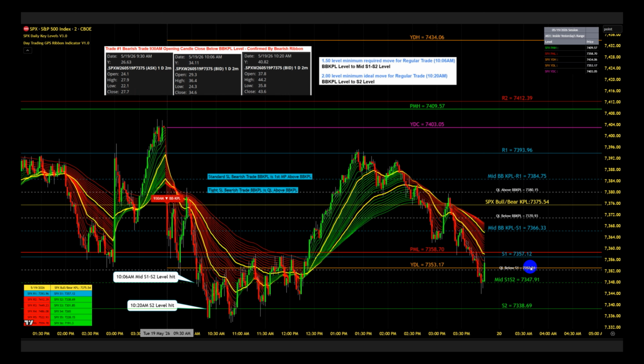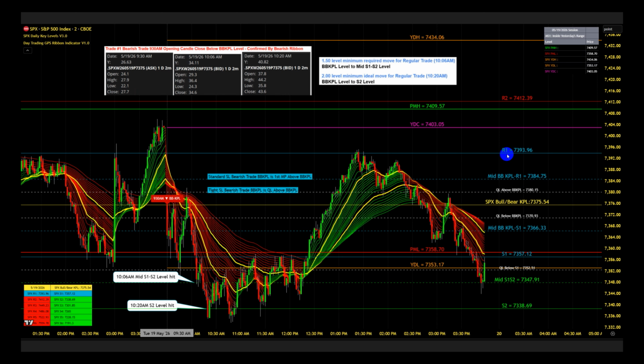On a bullish trade, such as the case here off of S1, if you wanted to use a tight stop loss, you would use the QL level below S1. Now the standard stop loss is going to be your midpoint level. In the case of a bearish trade, it's the first midpoint level above the level that you're taking the trade from. In the case of a bearish trade from the bull bear key price level, it's the first midpoint above that level, which is this level here, mid BBKPL R1.